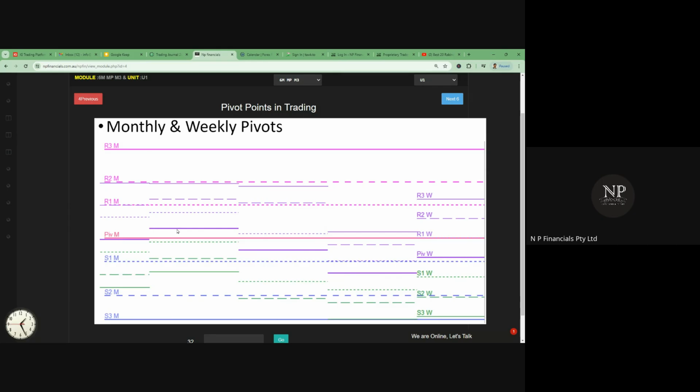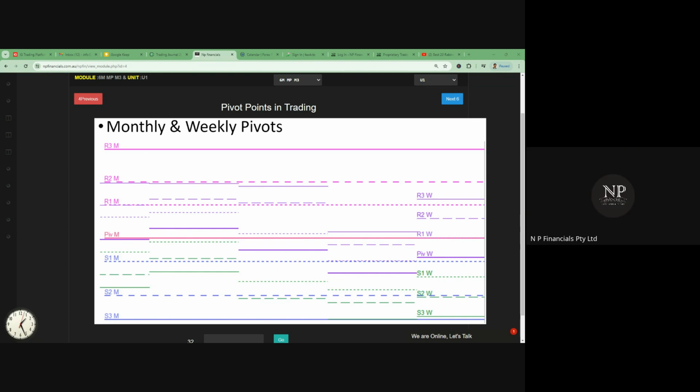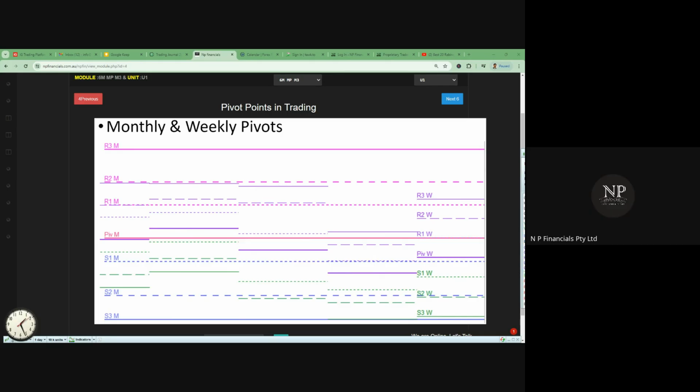But if the pivot weekly is above the monthly, then it is possible that price will go up. So it doesn't matter whether the price is above the monthly pivot line or below the pivot line, that theory still is the same, is it? Doesn't matter. We need to see where the price is. Okay, all right, I understand.